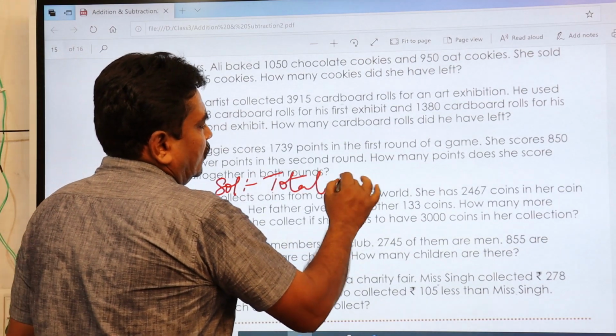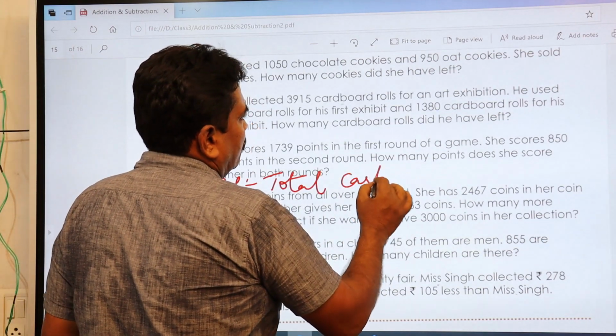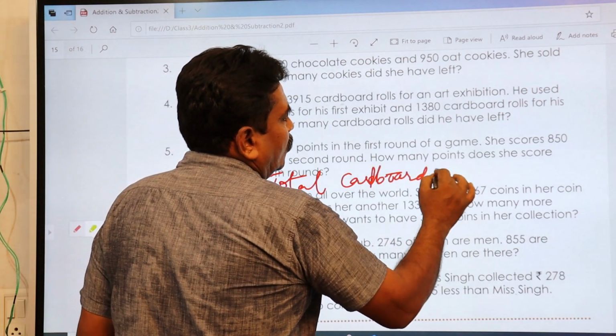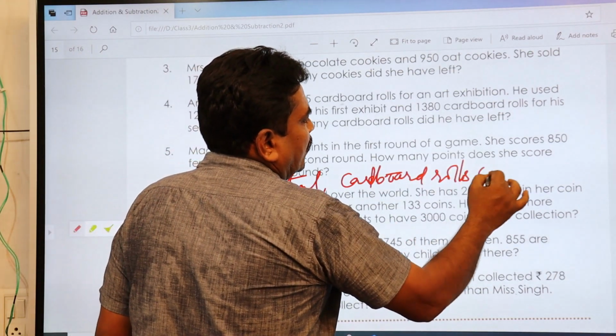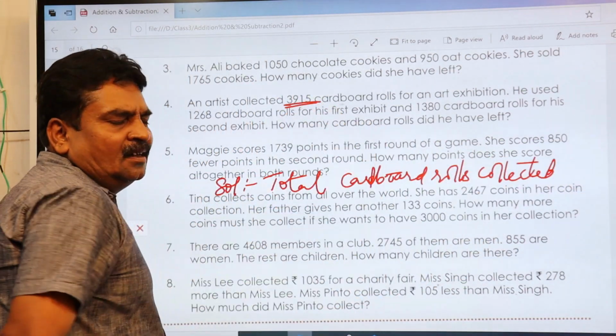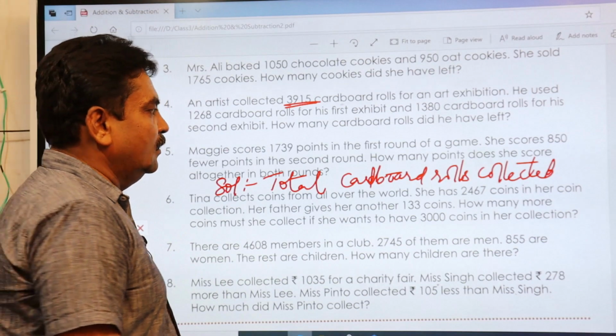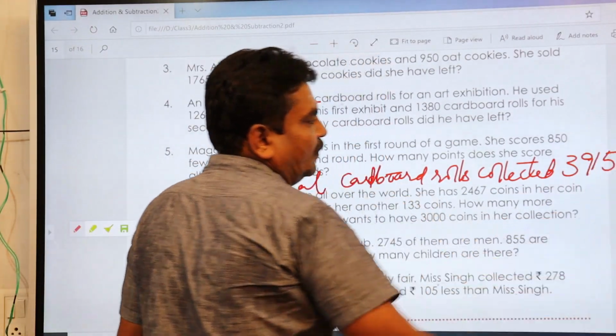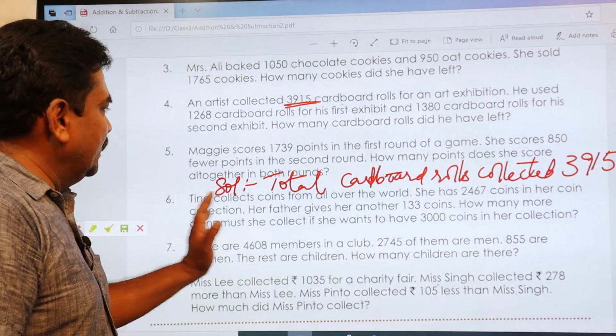Total cardboard rolls collected. How many? He has given it in the question: 3,915. So write down 3,915. This is your first line. Copy the first line.